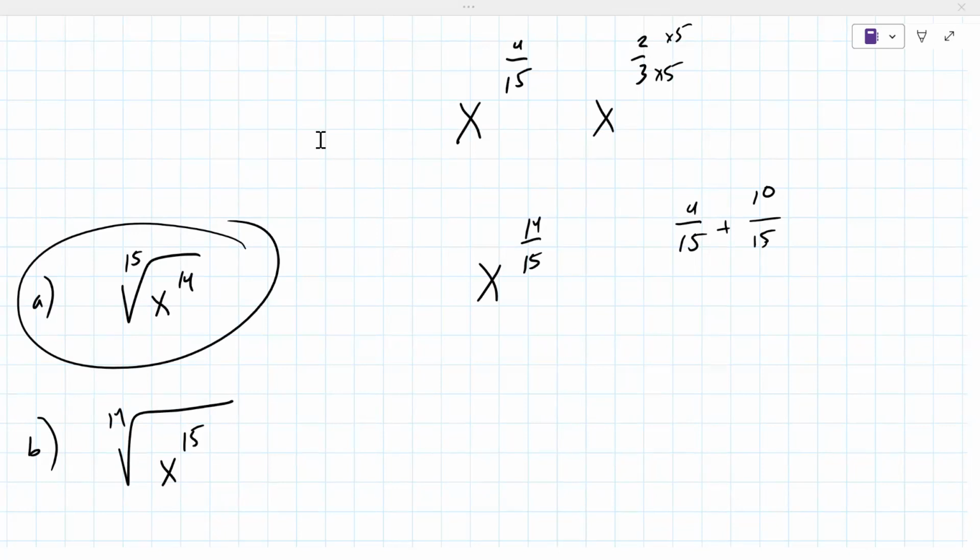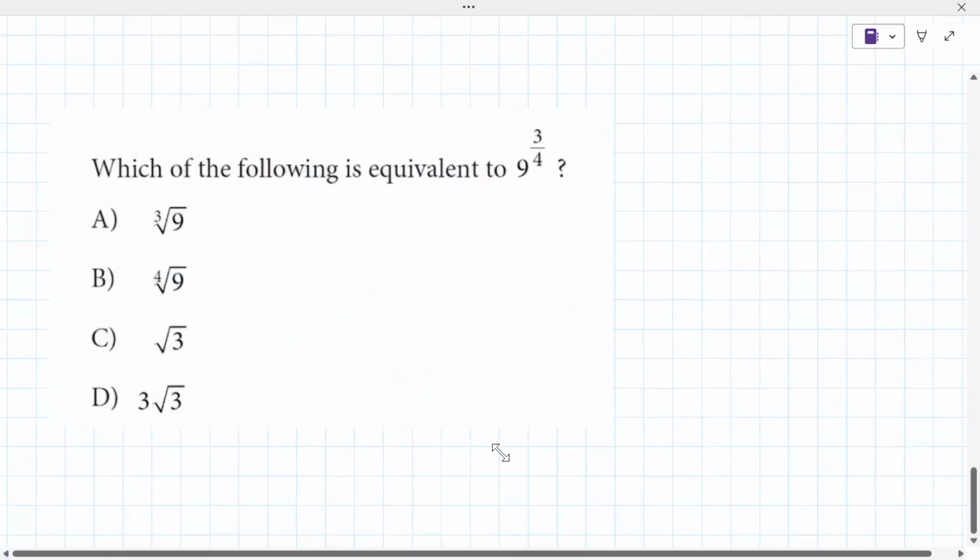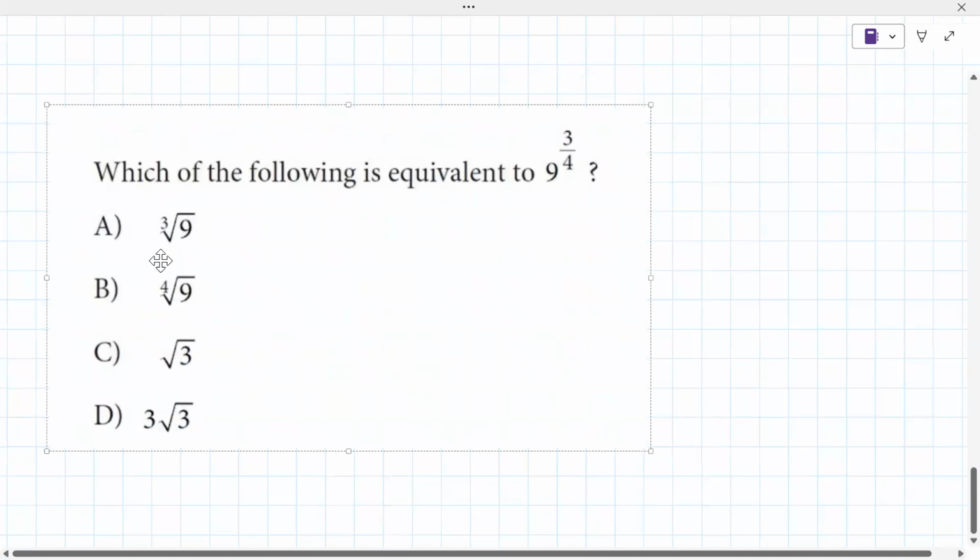Let's go back to some numerical problems. While you could use your calculator on this, it doesn't necessarily help you because you would then have to check all of these.